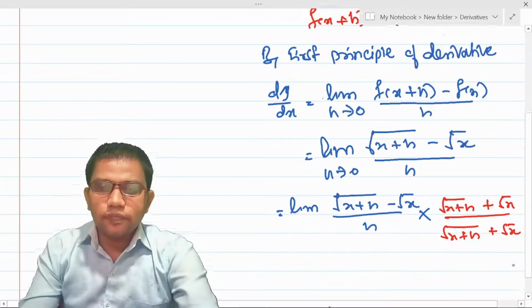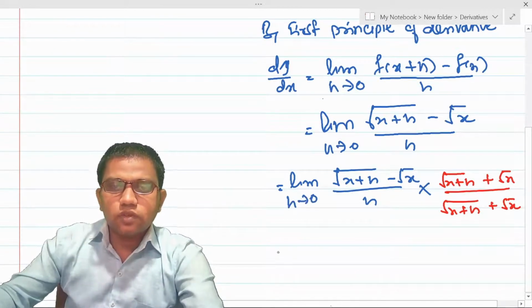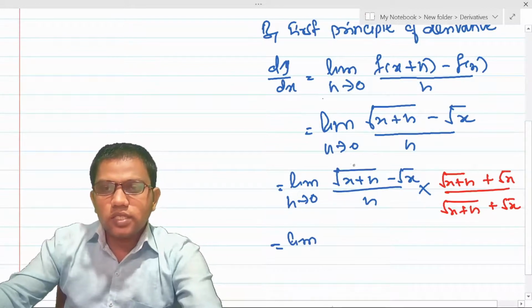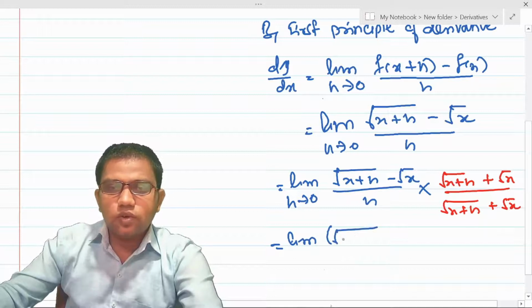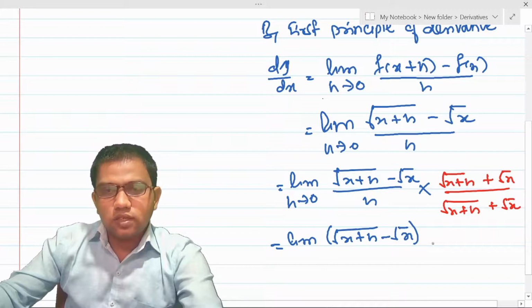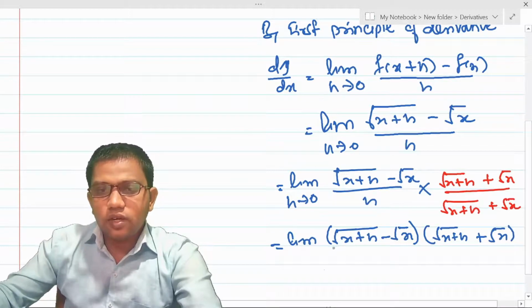Got it? Okay. So solve this as h tends to 0. What is there in the numerator? This is (a minus b)(a plus b). So in the first bracket root over x plus h minus, in the second bracket root x, and then root of x plus h plus root x.